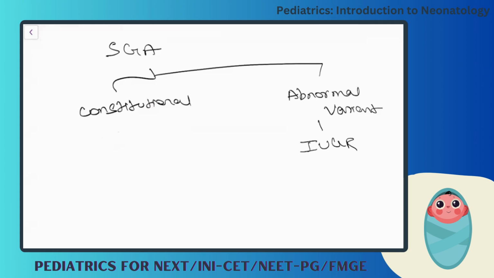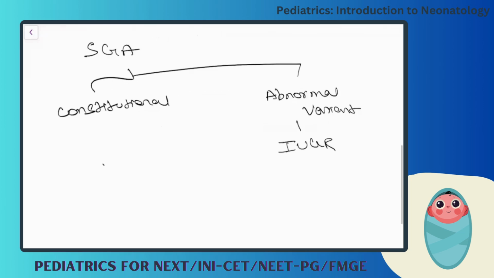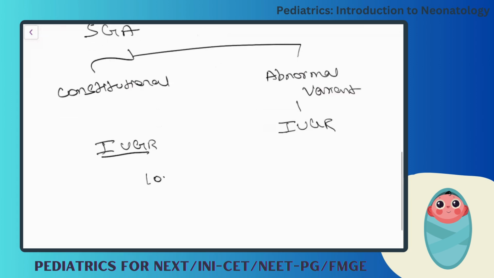You learn IUGR in OBG also. Again, it's all an OBG topic. In IUGR the child will be short, the child's skin will be loose. If I want to sum up the characteristic in one line: loose folds of skin and thin umbilical cord.